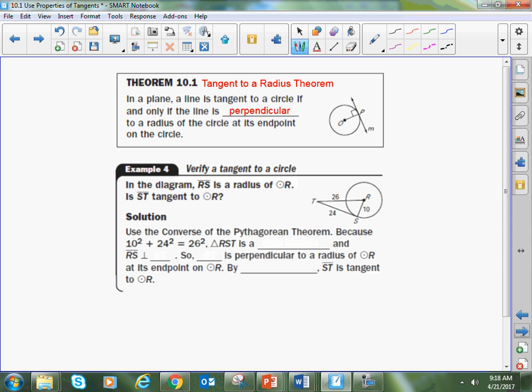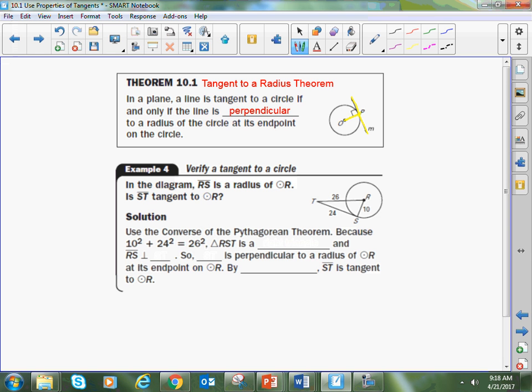So here you can see in the picture, we have radius OP, but I also have line M tangent to the circle at the same point, P. Therefore, the tangent line and the radius of the circle are perpendicular to each other at that point.